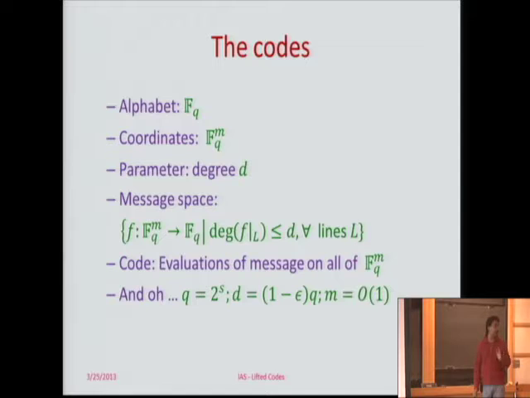If the degree had been less than q over 2, then we know that the message space is the set of degree d polynomials. Now we are just going to let the degrees be larger, tending to q rather than tending to q over 2. We are thinking of m as a constant, so any dependence on m might be missing in my talk.